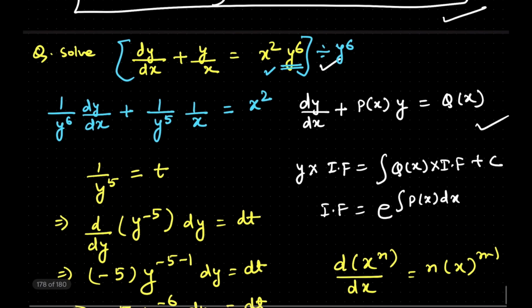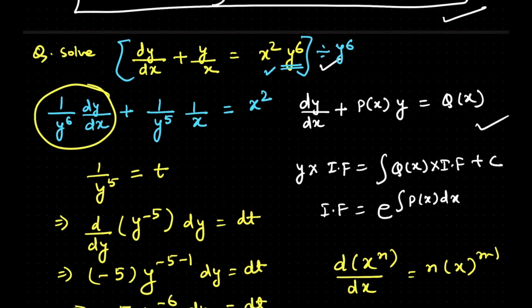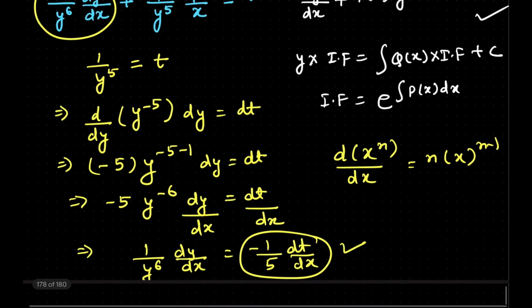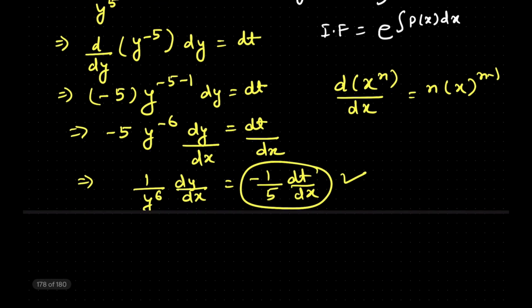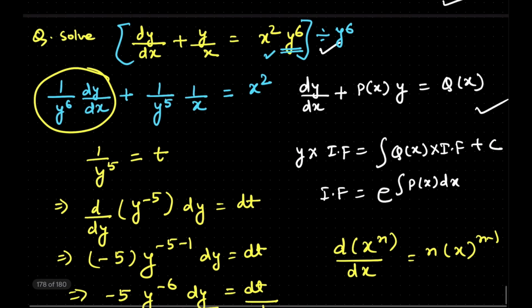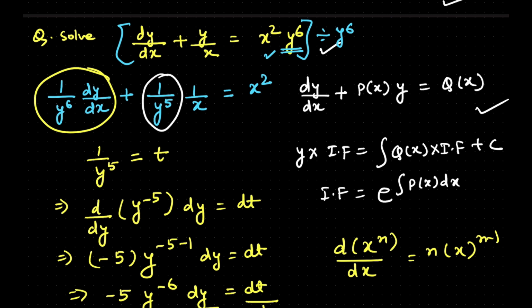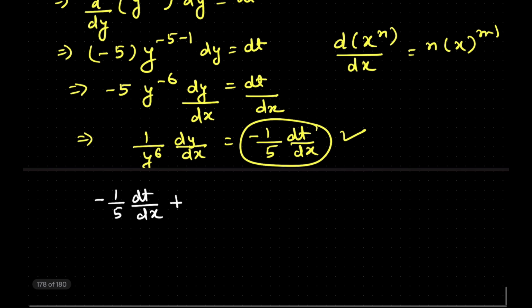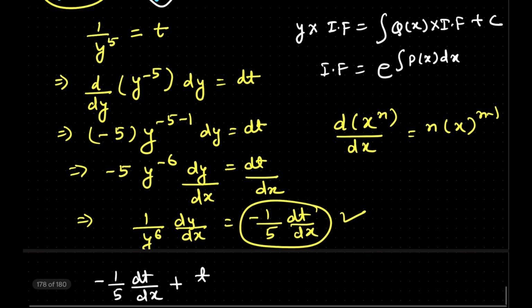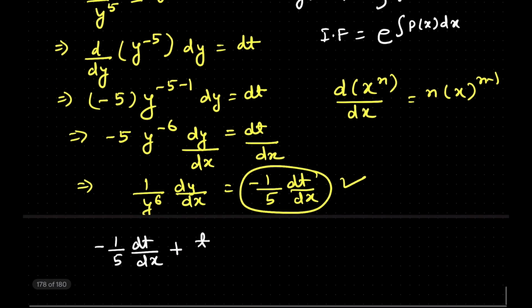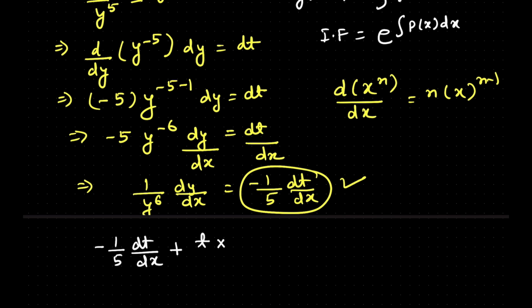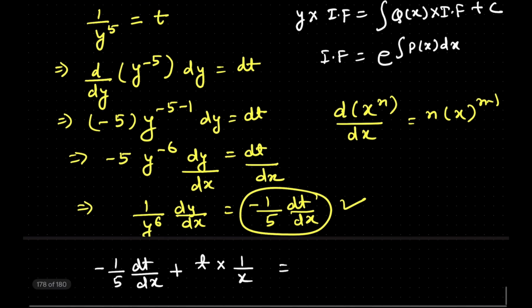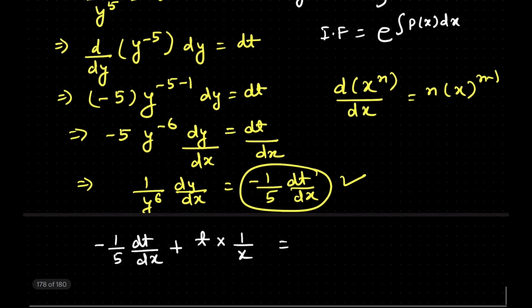Plus, in place of 1 by y to the power of 5 you can write t. So you will get t multiplied by 1 by x, and on the right hand side you have x square.